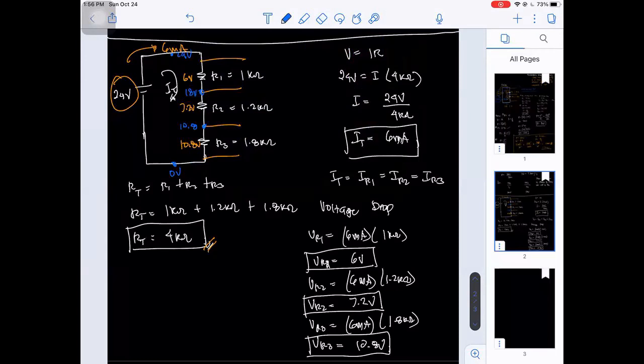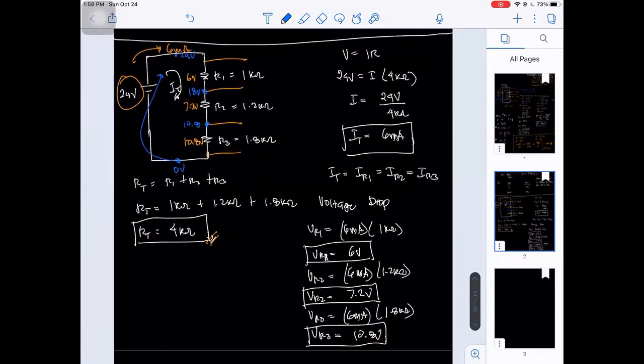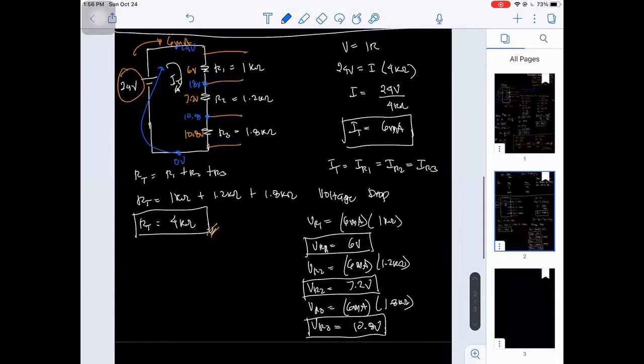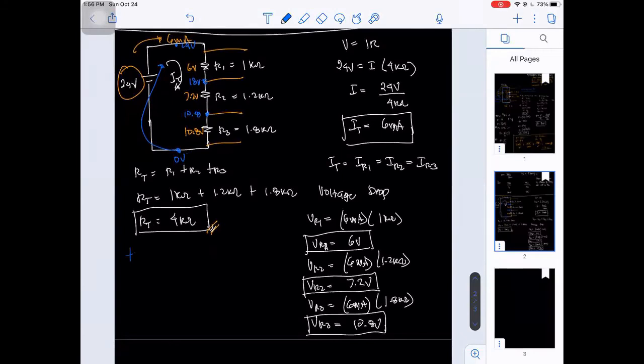Now, the voltage flow here: from negative, so from 0 potential difference, to positive, to the 24 potential difference, that is equivalent to positive 24 volts. From 24 volts to 18, we have a voltage drop of 6 volts, so minus 6 volts. And from 18 to 10.8, we have a voltage drop of 7.2 volts.